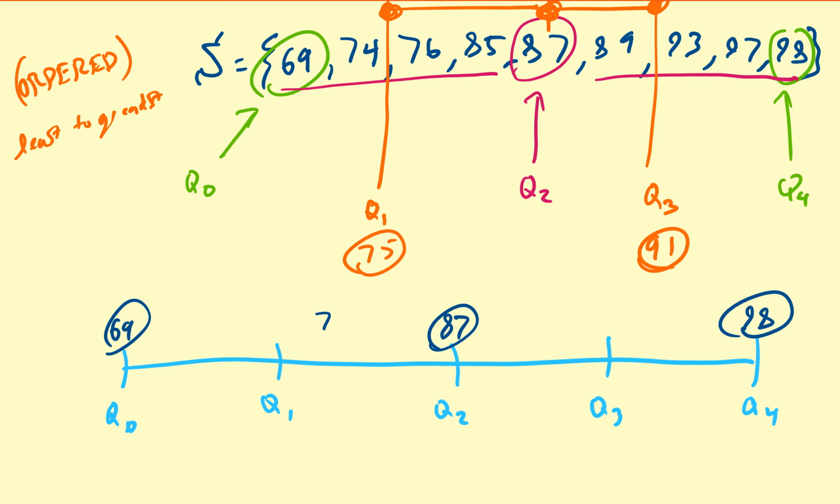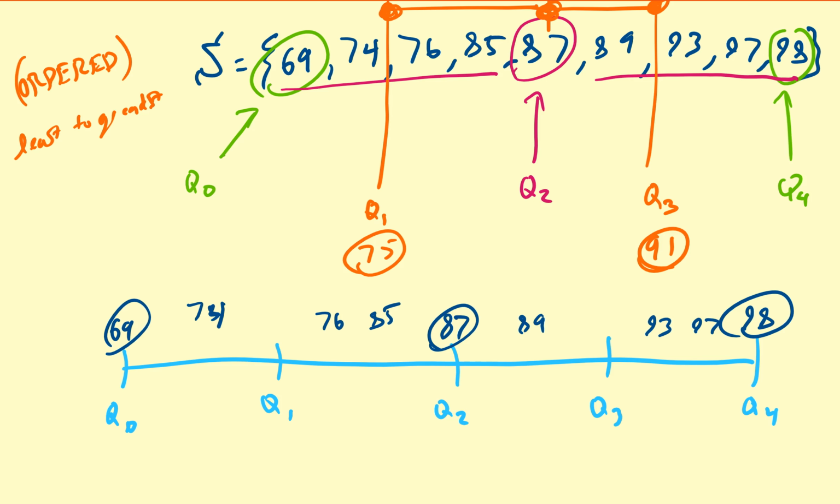So 76 is going to be here, 85 is going to be here, 74 is going to be here, and on the right hand side we have 89, we have 91, 89, 93, and 97.